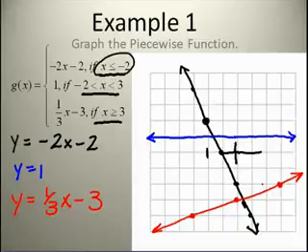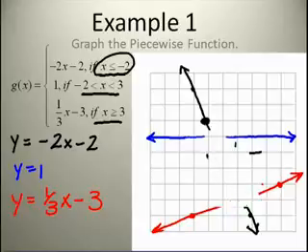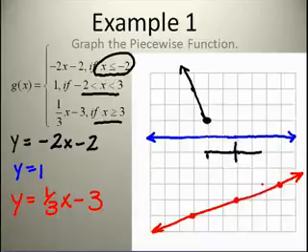So those would be the x values starting at this point and to the left of it. So I want to erase everything to the right of that point. Okay, so there's my first line.